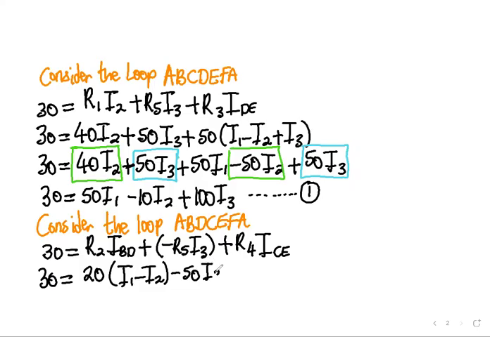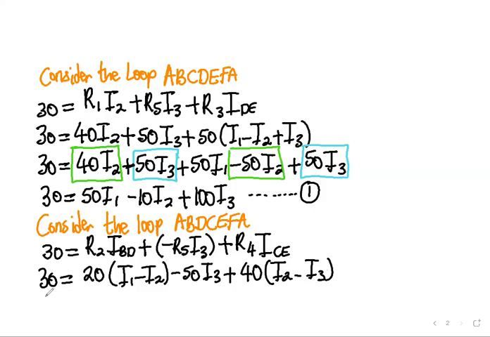So you can just say 50 I3, and then we're gonna say plus, and then our R4 is represented by the 40 ohm resistor, so you're gonna say 40 into the current through CE, which is I2 minus I3.